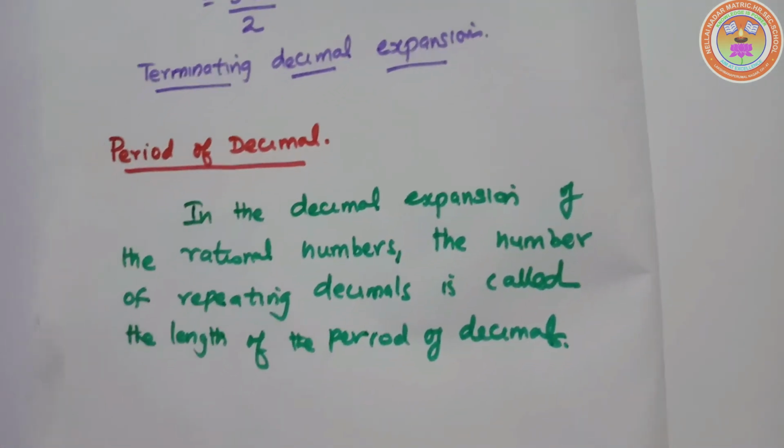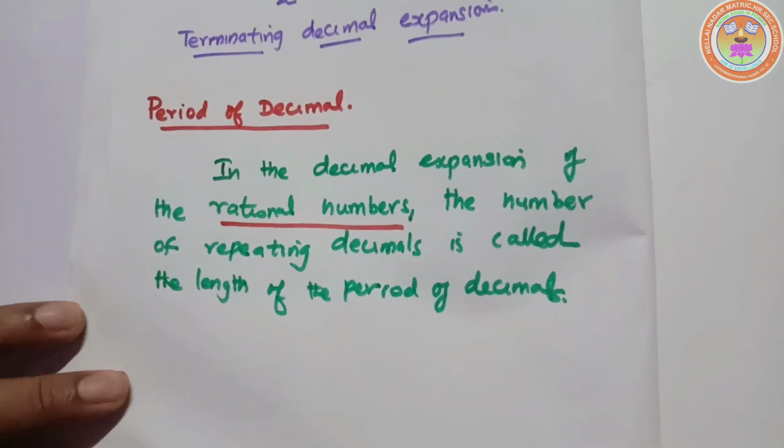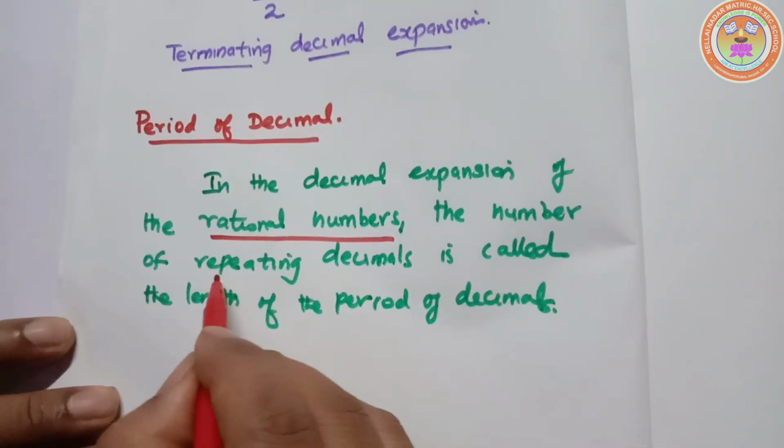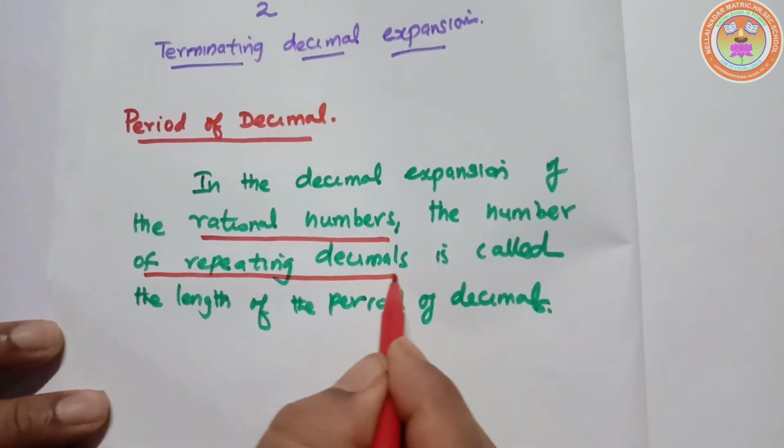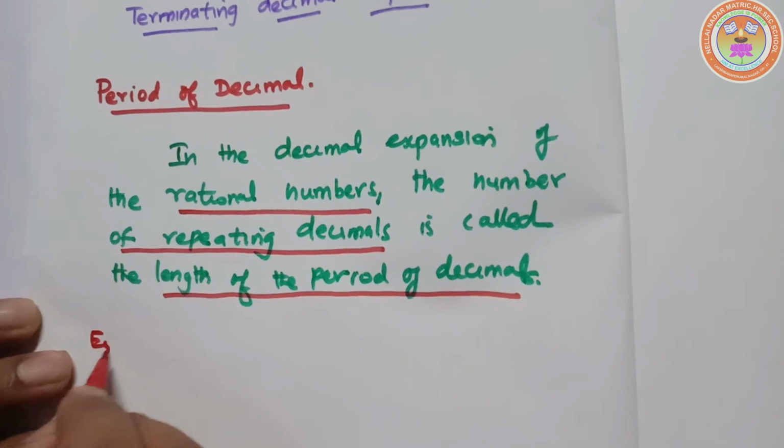Okay, children. See, decimal expansion of a rational number: the number of repeated decimals is called the length of the periodic decimal. So I'll give an example, children.